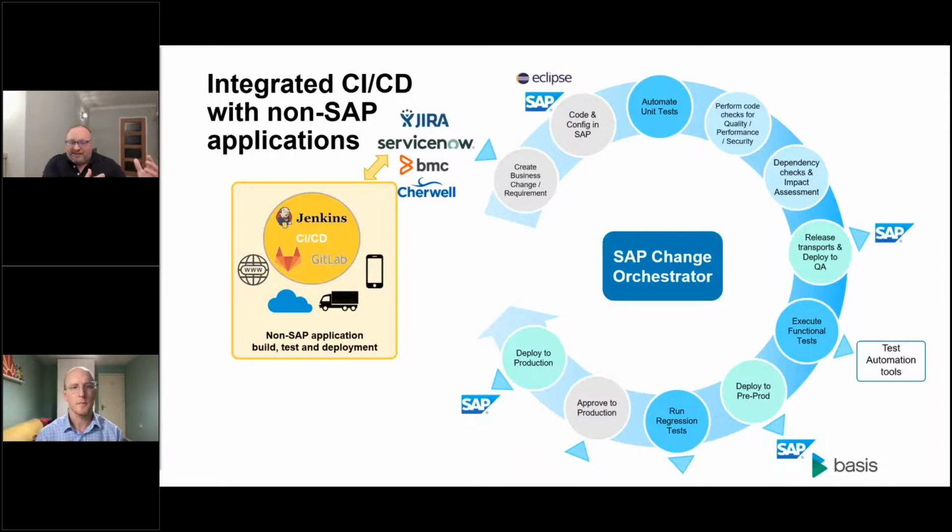We know that SAP is not an island, and they may already have these CI/CD processes enabled in those non-SAP applications. We talked earlier in the webinar about some of the tools used in non-SAP development, so they may be using a Jenkins or a GitLab or something like that to orchestrate those deployments.